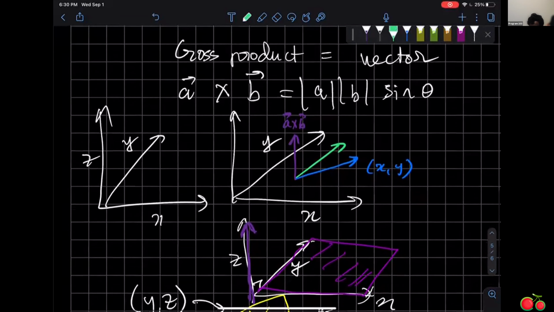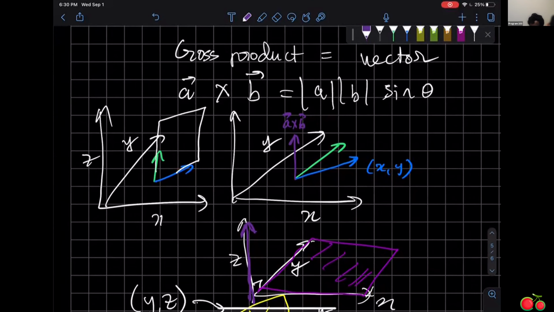If I take some random vector in some direction and another random vector in some direction, I can say that these two define a plane.